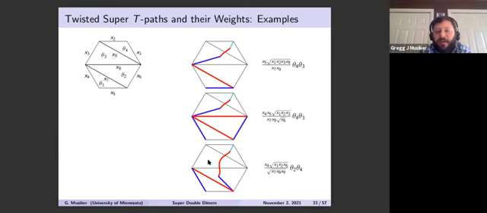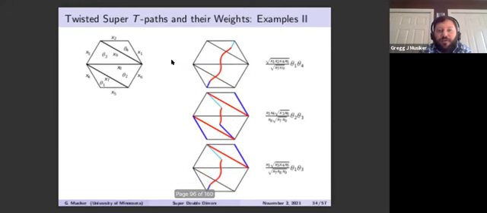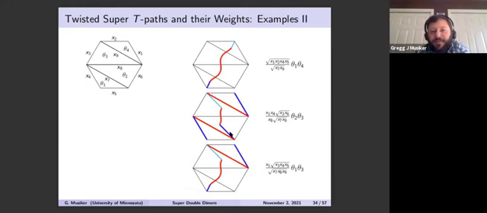And then I'll leave it to you to check this one on the bottom. There's 9 more examples, which I'll let you look more closely at your leisure. Most of them, notice, involve only a single teleportation. So it's really a sigma edge and a tau edge, and then a sigma edge, and then some ordinary t-path contributions.